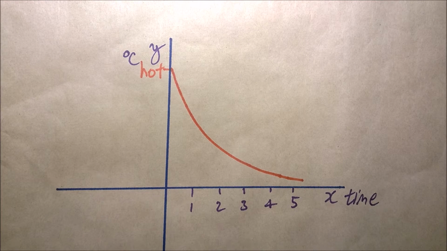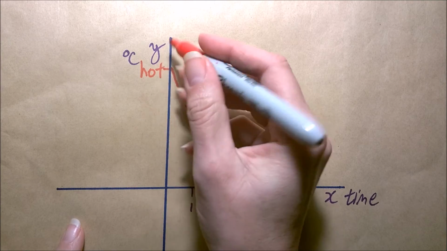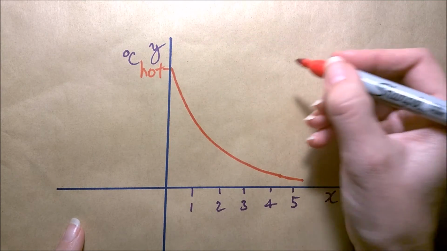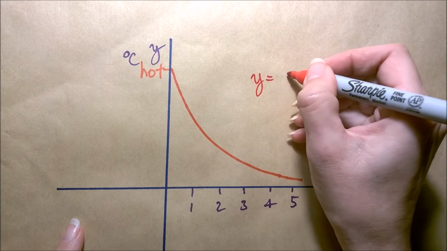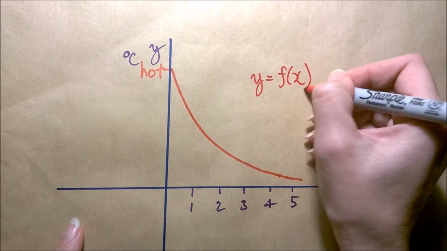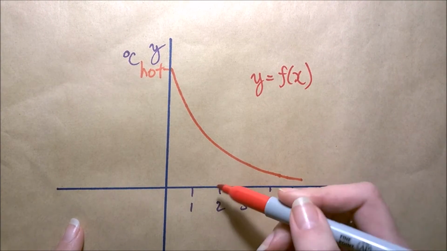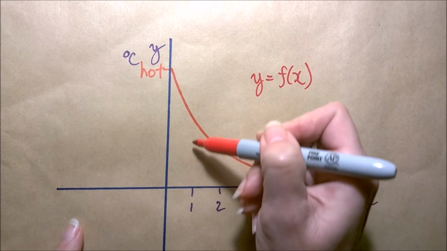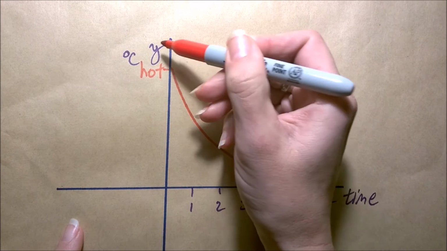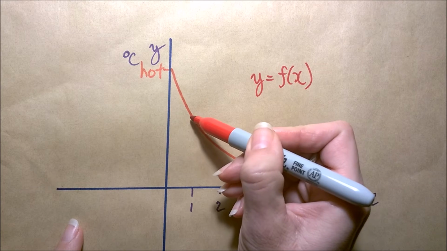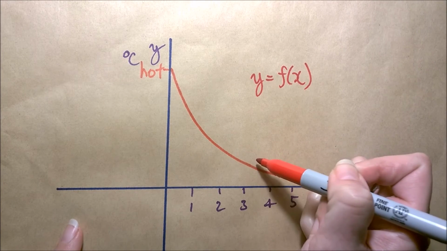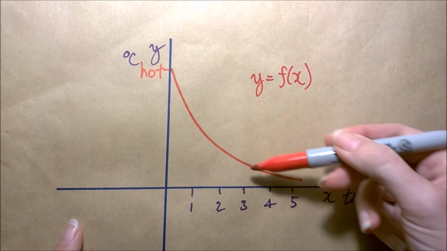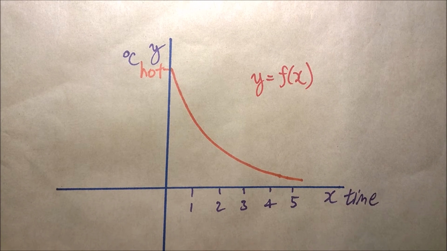Okay, in this particular case, let's say this function y equals f of x. A function of x at any given point gives us a value for y. And that's how we get every little point on this graph, that's how we get this line.